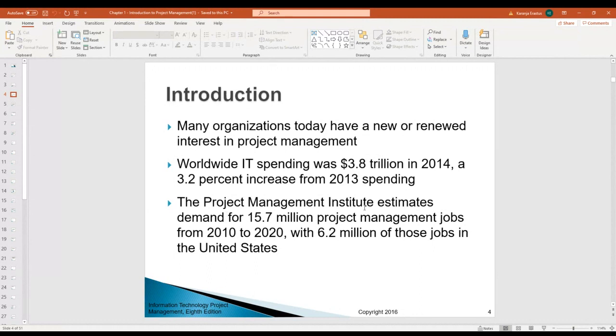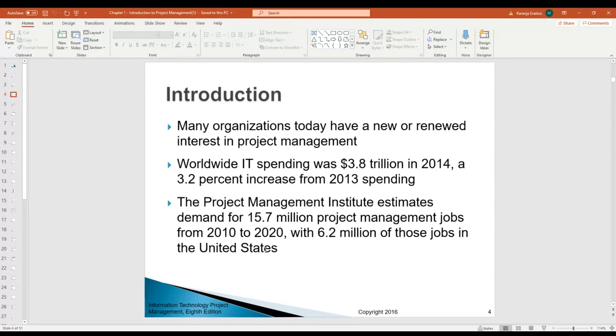Okay, so the Project Management Institute usually polls companies, and they found that by the year 2020, we'll need 15.7 million project managers. So we're already here. There's very high demand for project managers. Now, COVID-19, of course, has altered the job market, and a lot of companies are restructuring.